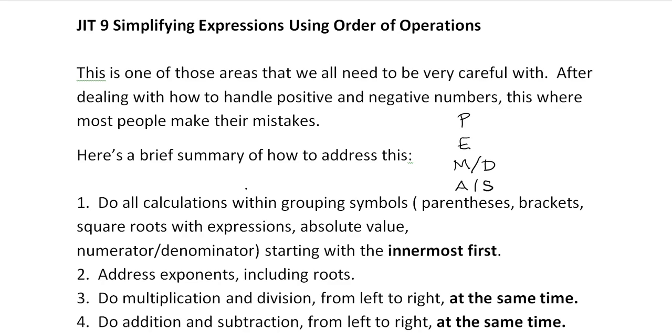And sort of like if you know those little Russian dolls, you have the littlest one and then you keep putting the next biggest one around it. That's what I mean. The innermost is the little baby one. So we're going to address exponents, which includes roots, square roots, cube roots, those kinds of things.